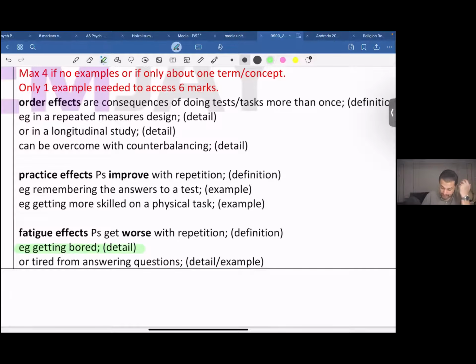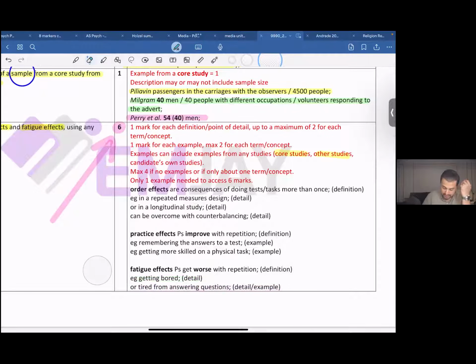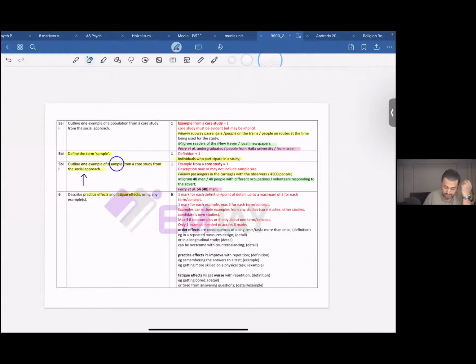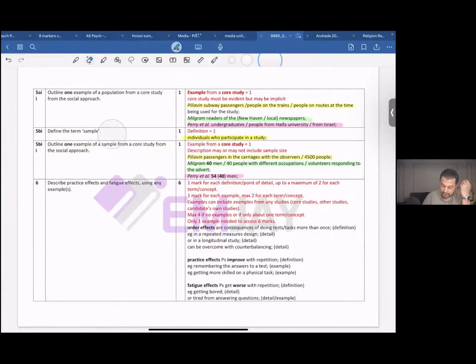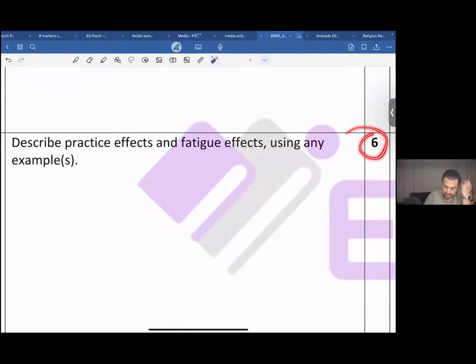Example, you might get bored, or you're tired from answering questions. So you make sure that you are not losing any marks on questions like these. There are multiple questions that we could get as a 6 marker.